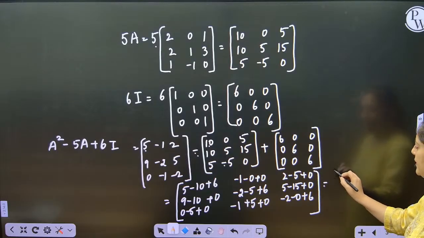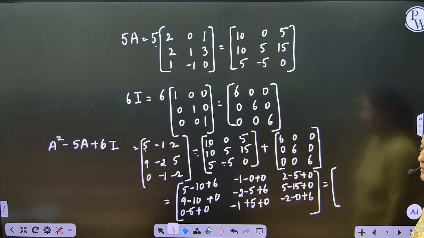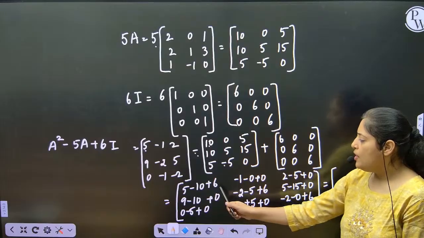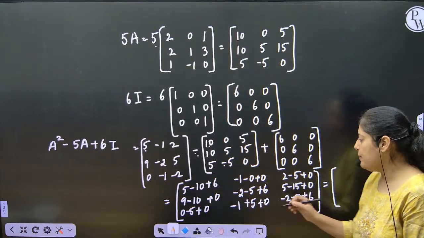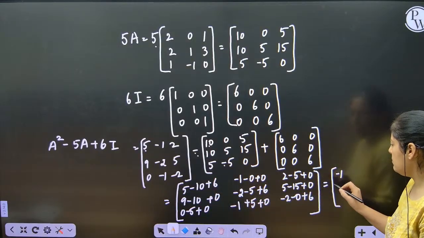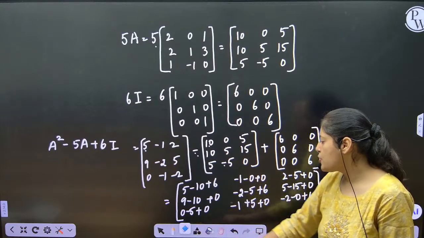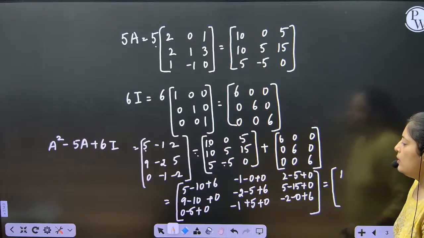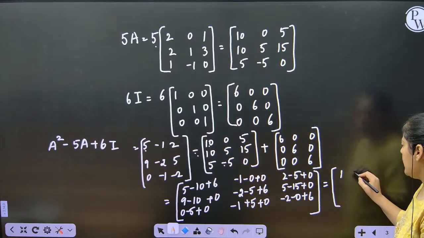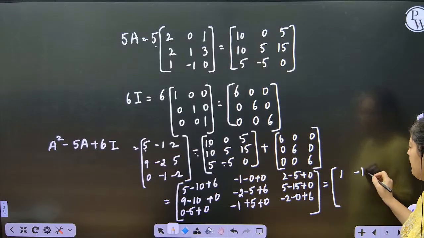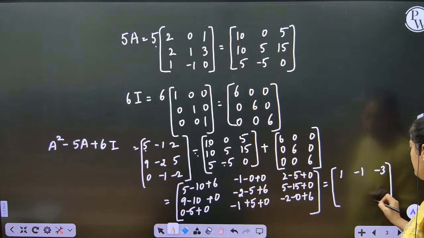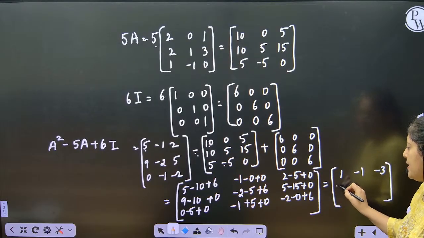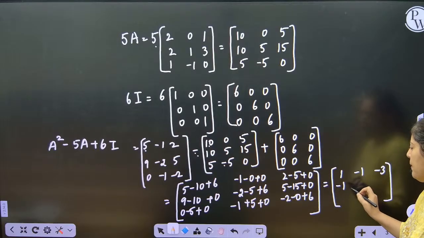We'll simplify this now. The last step. 5 plus 6, 11. 11 minus 10, so it will become plus 1 only. This will become minus 1. This will become minus 3. So 9 minus 10 is minus 1. Minus 7.